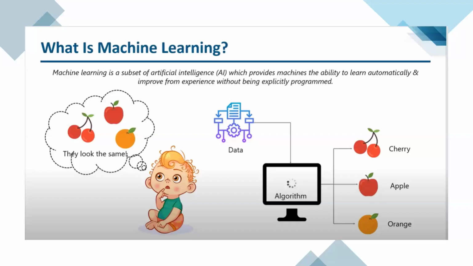Based on his experiences, based on the data that he gathers by roaming around, by talking to someone, or by seeing something. He will gather all the data, and that data helps him to analyze different fruits, right?